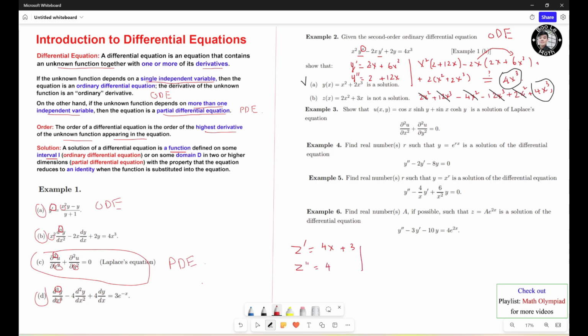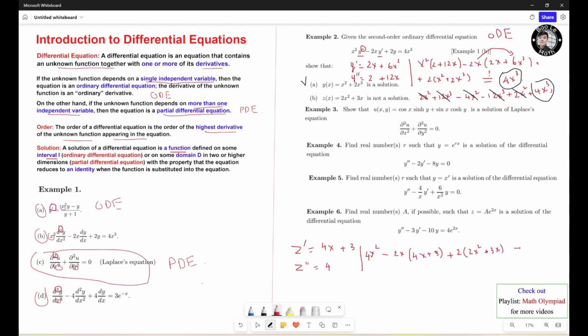Now we substitute s squared times y double prime, which means times 4, so I just put 4s squared right here. Minus 2s times y prime, which means g prime, which is 4s plus 3. Plus 2y, which means 2g, so it would be 2 times s squared plus 3s.